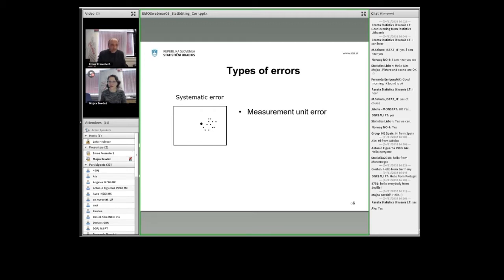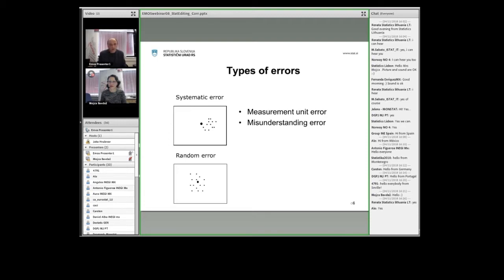In more technical terms, the expected value of this error term is not zero. In contrast with the random error, you can see this presentation here, where the errors are distributed more uniformly around the right value. So technically speaking, here the expected value of the errors is in fact zero.